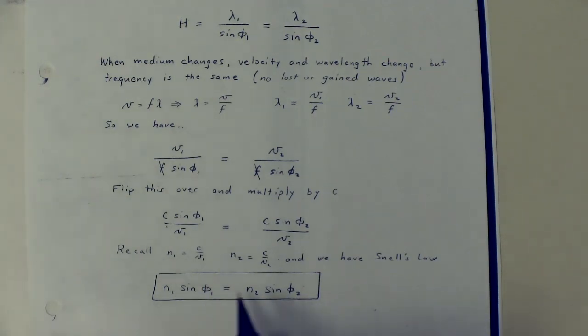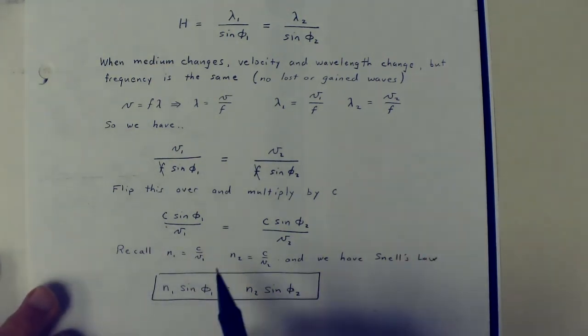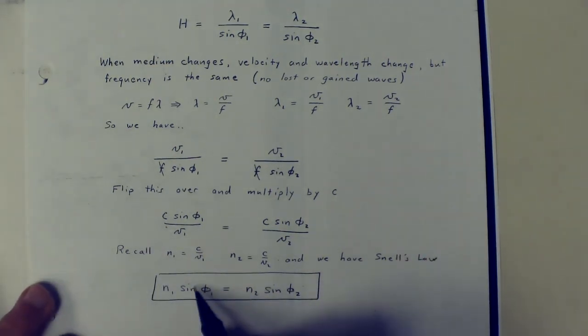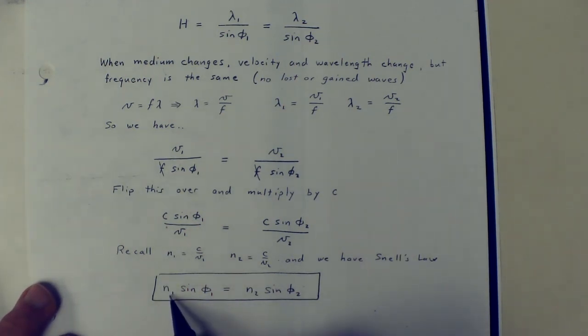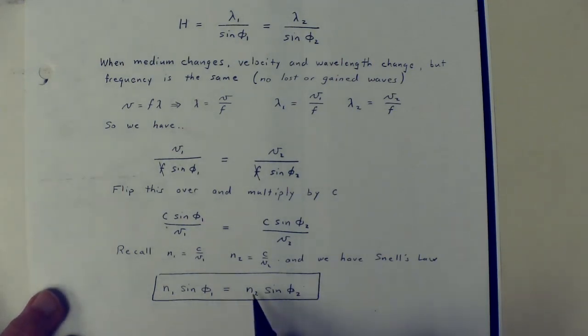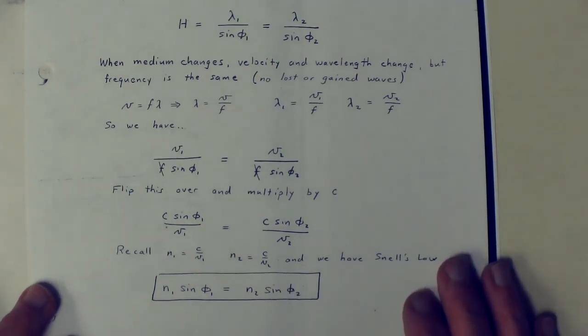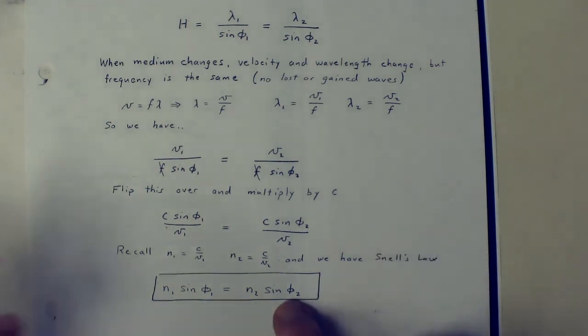So if you know the indices of refraction, and you know one of these angles, you can get the other angle. In other words, if light is directed toward a surface, and we know the incidence angle, say phi 1, and say it's coming from air, and so we know the index of refraction for air is essentially 1, and we know what kind of glass we have, then we know everything in here except phi 2, and we can solve and find the angle of the wave as it now propagates inside the glass.